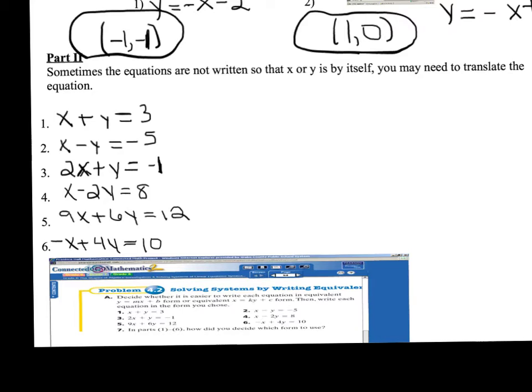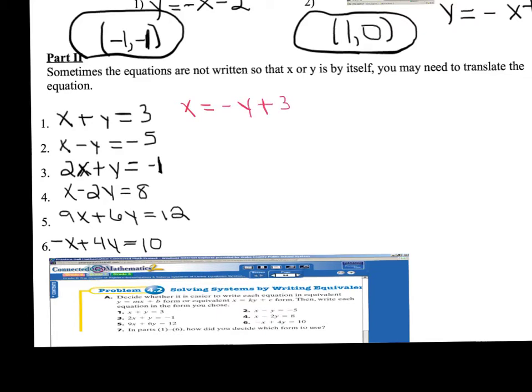Number 1, the easiest form to use for number 1 is x equals ky plus c. So when I translate this first one, it's going to be x equals negative y plus 3.